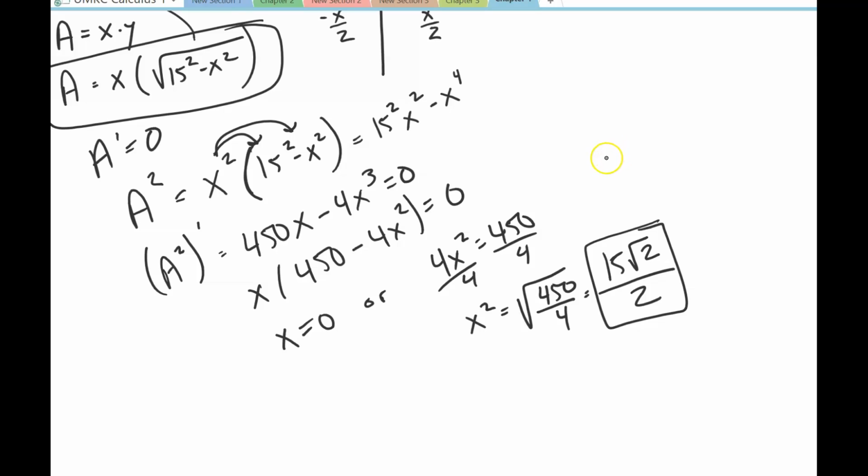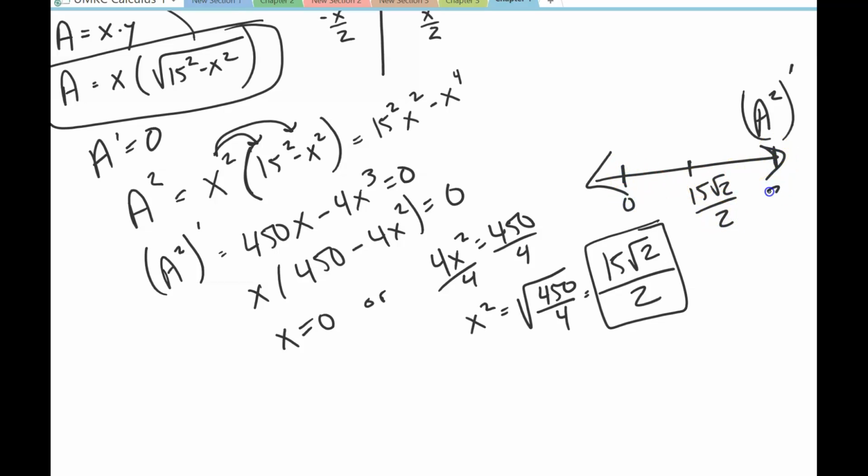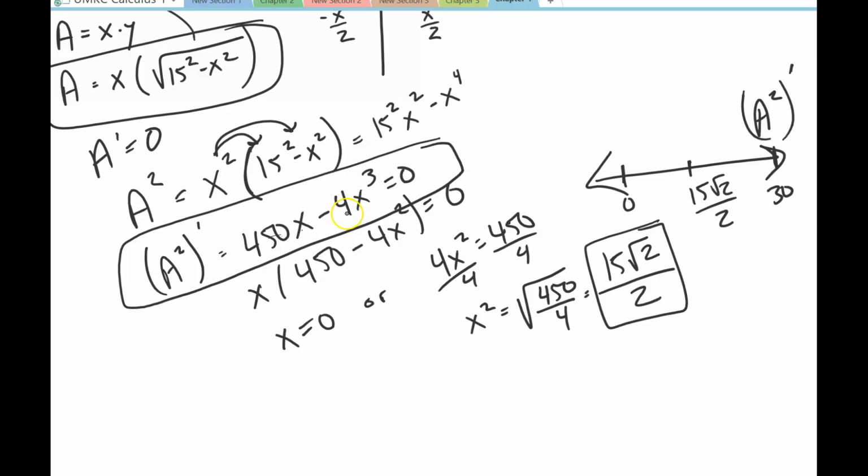To test if it's a maximum or minimum, I'm going to use the first derivative test on A squared. So if I'm looking at the interval, of course, 0 to 30, and I plug in a value of 1 into the derivative of A squared, I have 450 minus 4, so that gives me a positive.